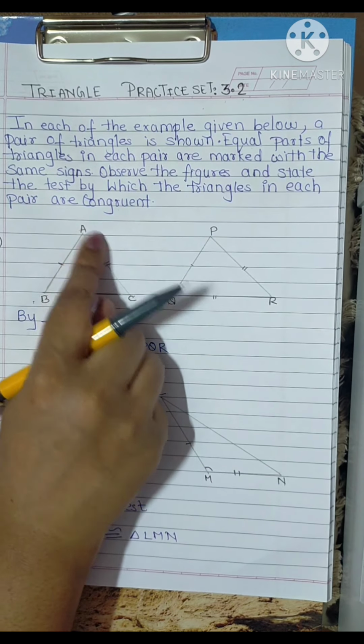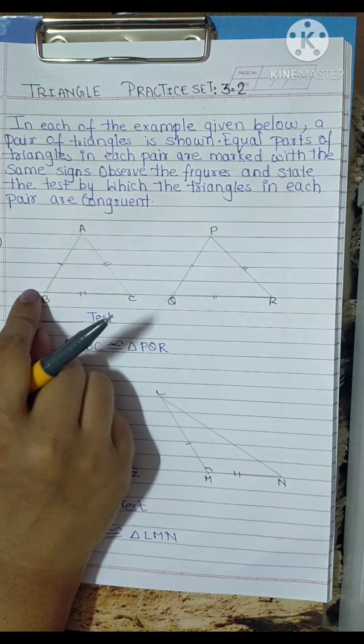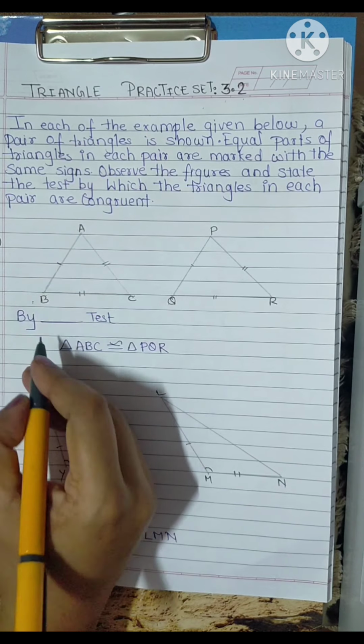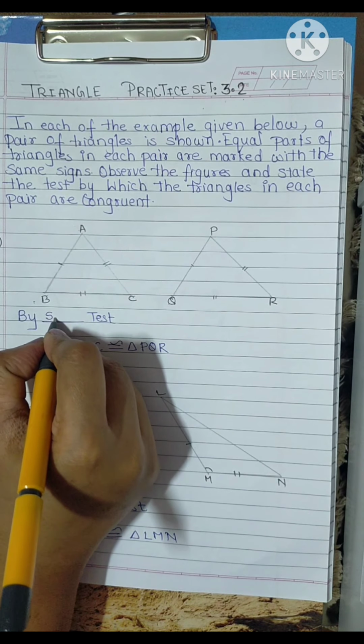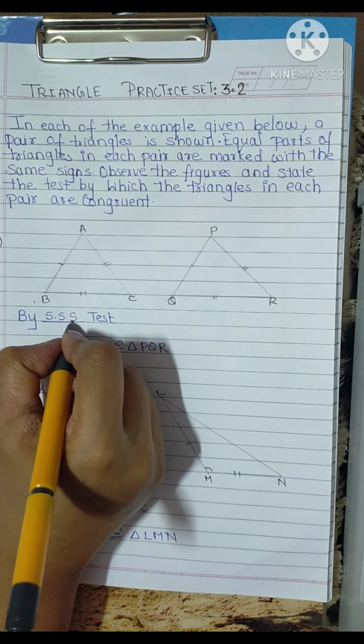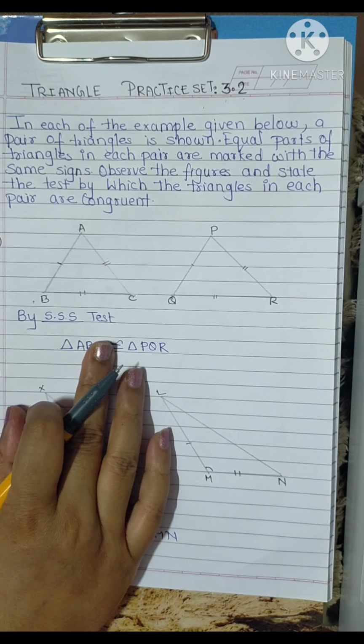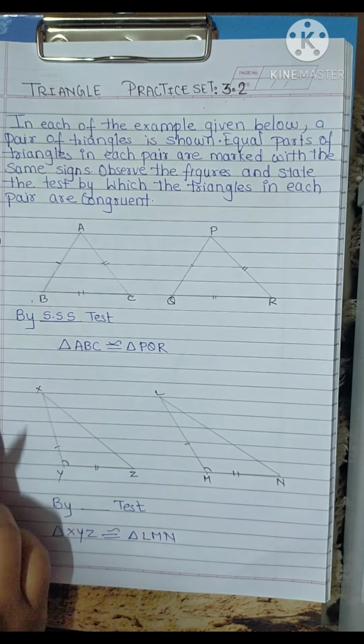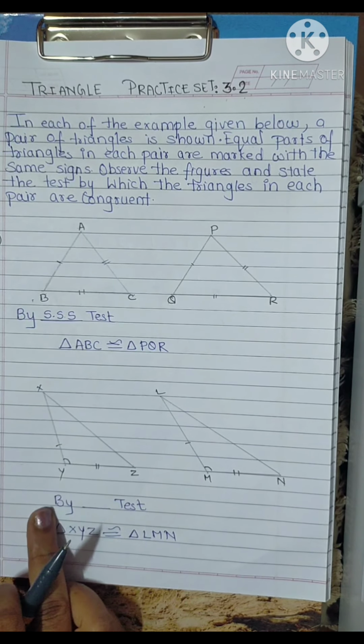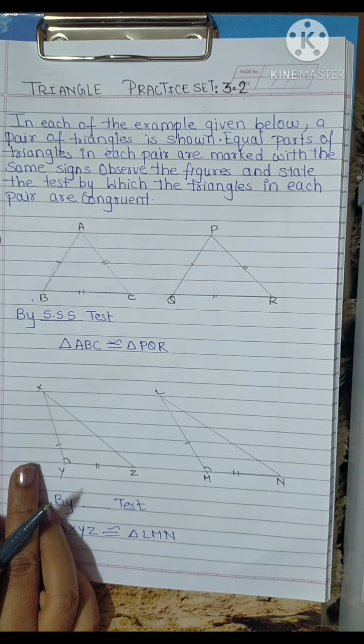So here you can see there is no angle mentioned. So this is the SSS test, which means side side side test. I hope you understood.